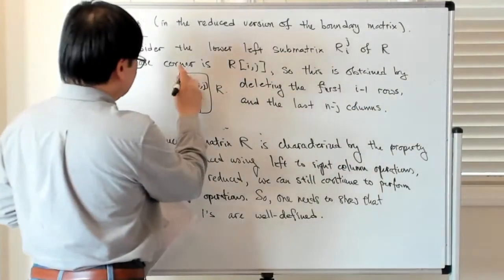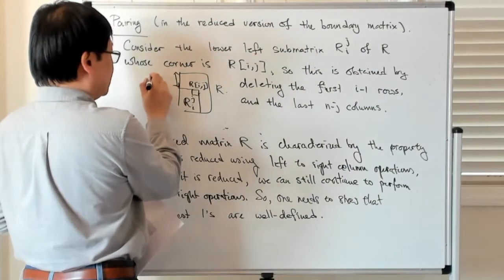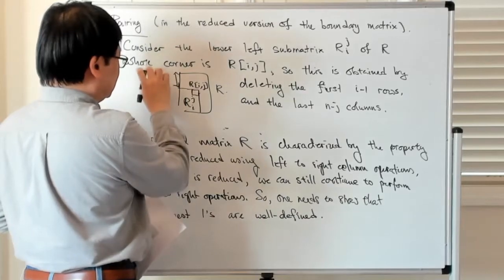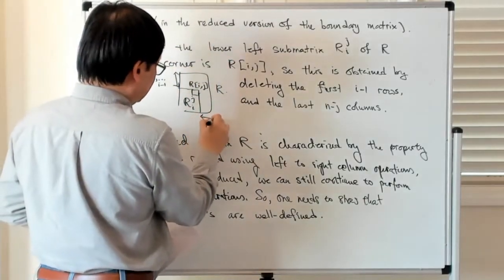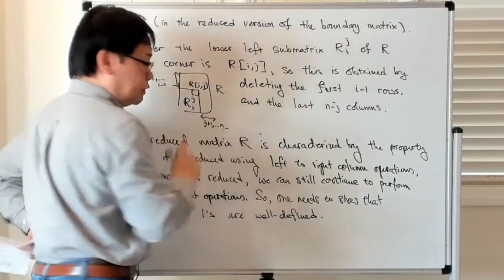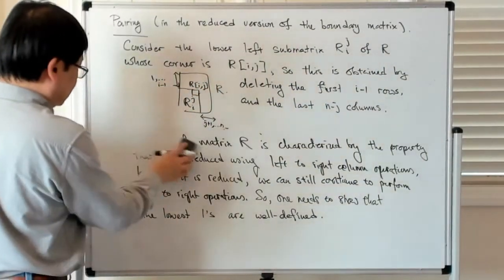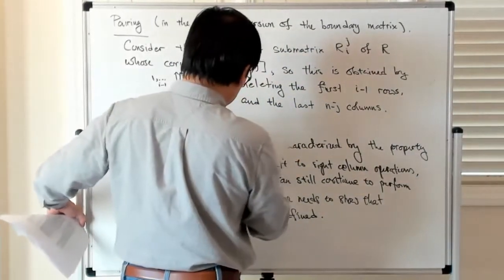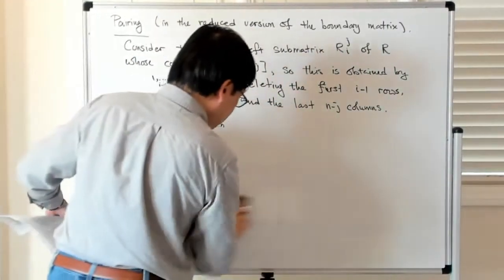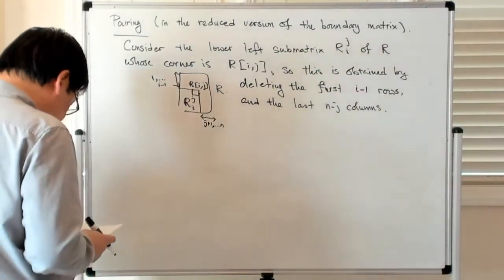So you delete rows 1 to i minus 1, and you delete columns j plus 1 to n. That should be fairly straightforward so far. So that's what we call R subscript i superscript j.